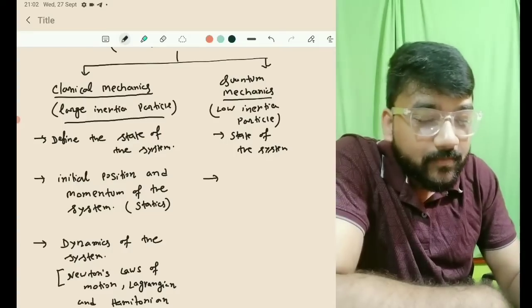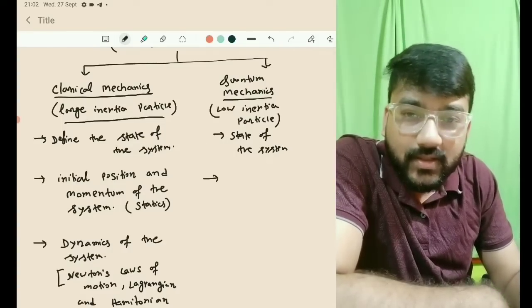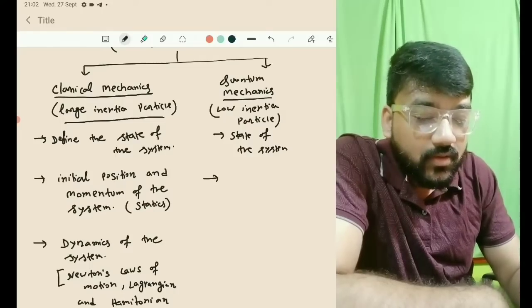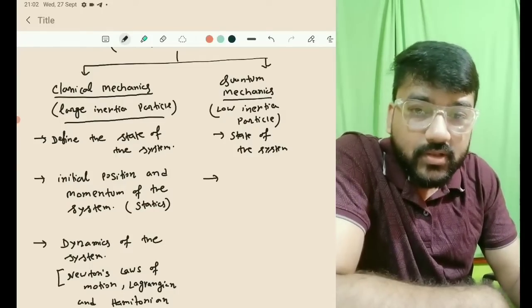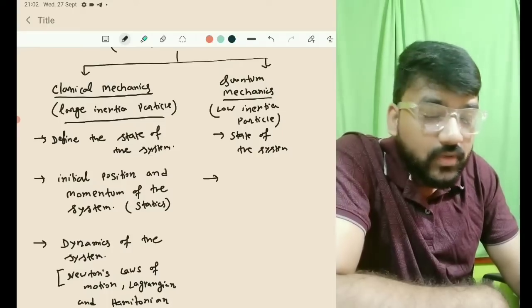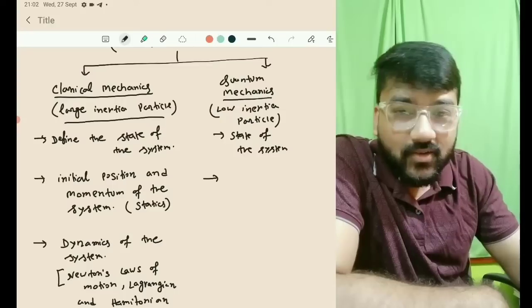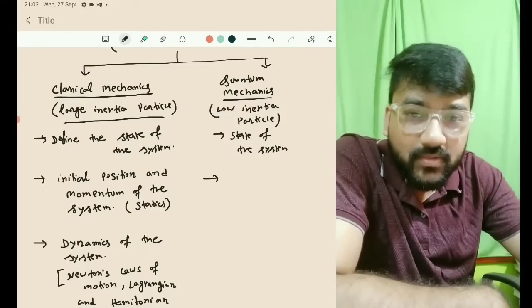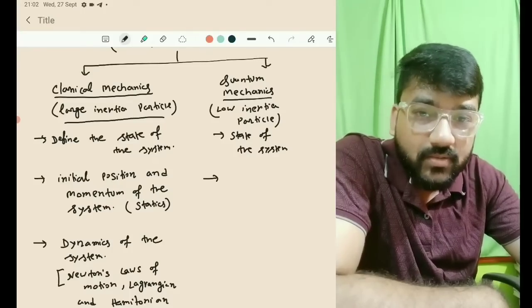So we have to first define the state of the system, that is the statics of the system. Instead of initial position and momentum we have to choose different things, that is the operator formalism, that is observables. So physical measurable quantity is replaced by observable.